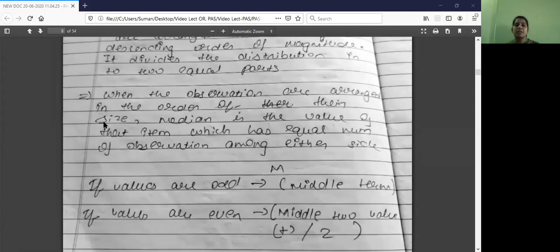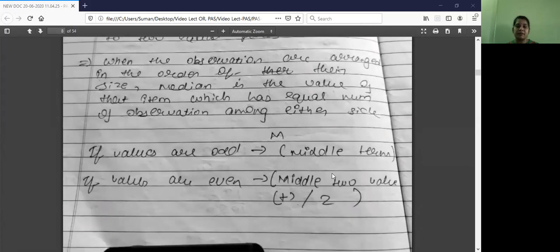Okay, so if the number of values given is odd, then we get the middle term. But in case the number of values is even, then in the middle we have two values. Got it? That means 1, 2, 3, 4, 5. The middle term is 3.